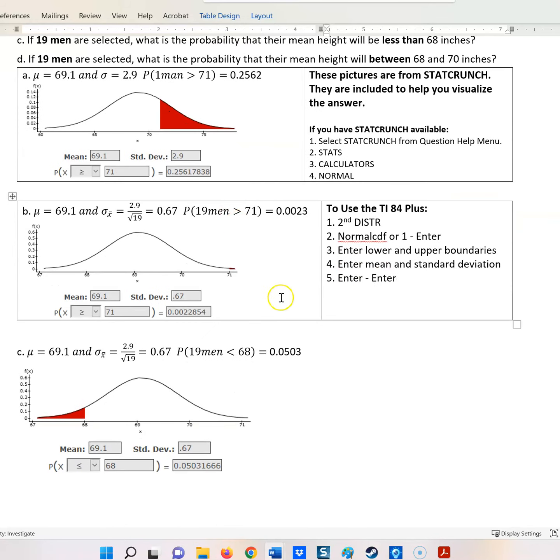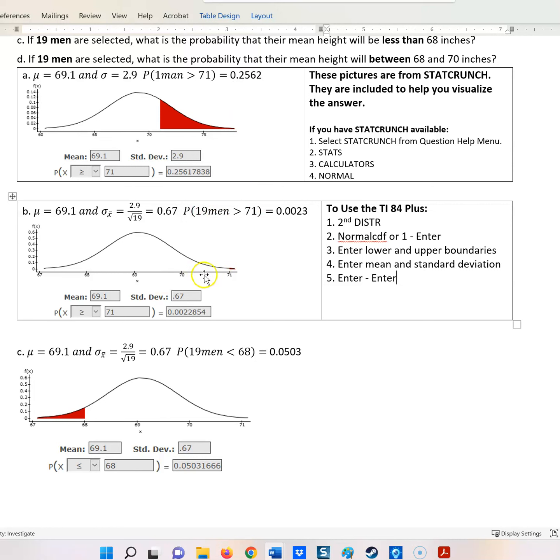The difference is that if we have 19 people, we have to take our standard deviation, that was 2.9, and divide by the square root of the n, which in this case is 19. We said if we pick 19 men. That changes our standard deviation. It should make sense to you that you could randomly find one person who's very different height-wise, but finding 19 people that all average to be a different height, that should be really unlikely, right?